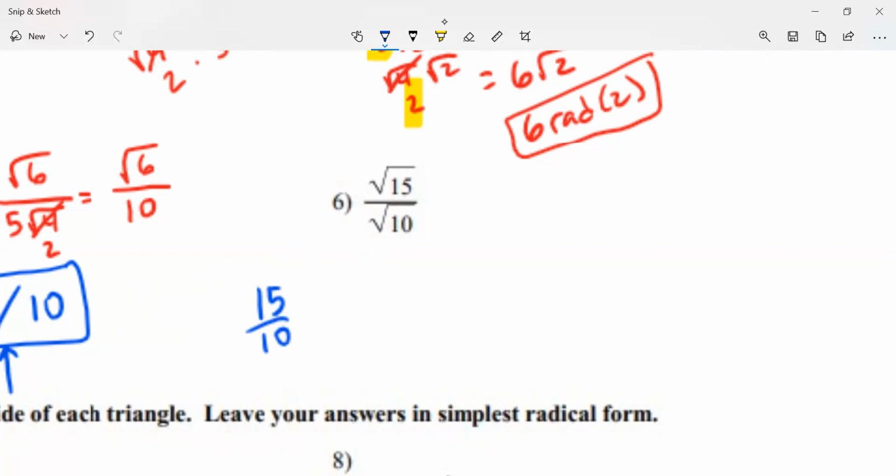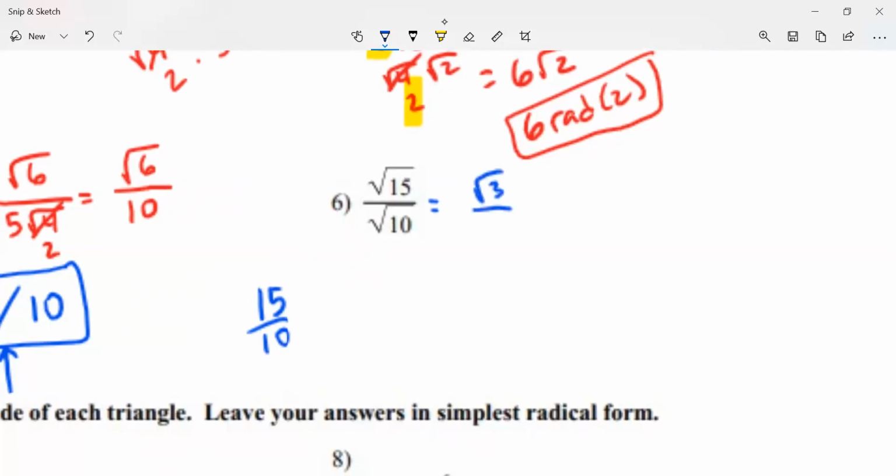Radical 15 over radical 10, I'm going to say this simplifies to radical 3 over radical 2. Again, if you had whole numbers, 15 over 10 simplifies to 3 over 2. In radicals, because you're basically dealing with numbers, you keep the same idea. They still remain radicals though.